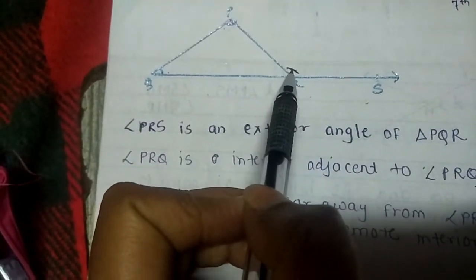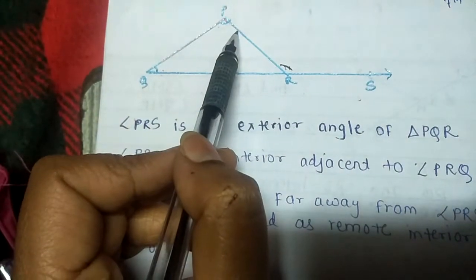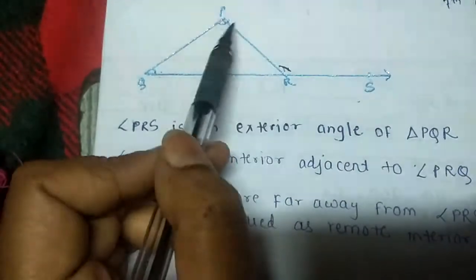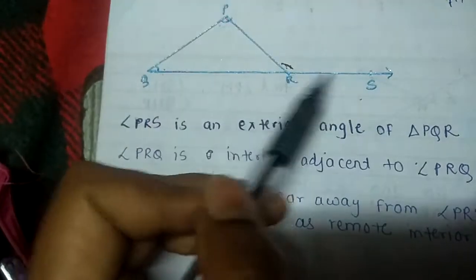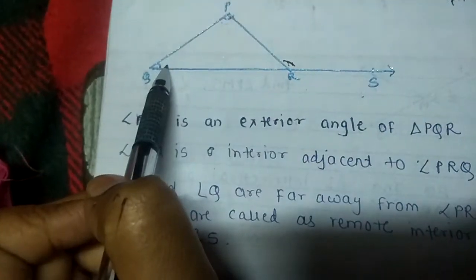At this exterior angle, the opposite angles are angle Q and angle P. So the measure of angle PRS is equal to the sum of the measures of angle P plus angle Q.